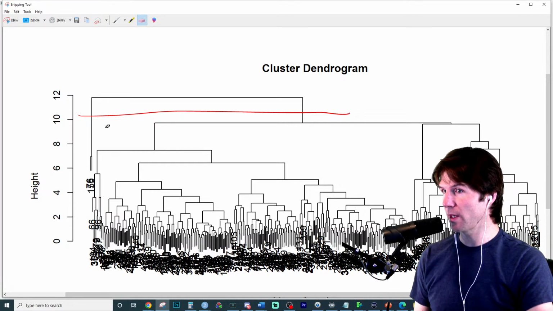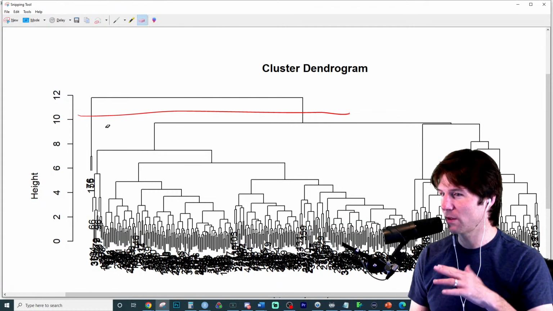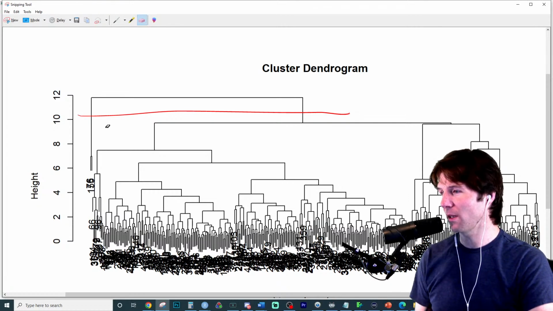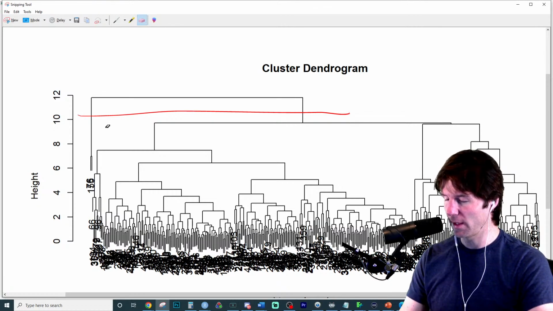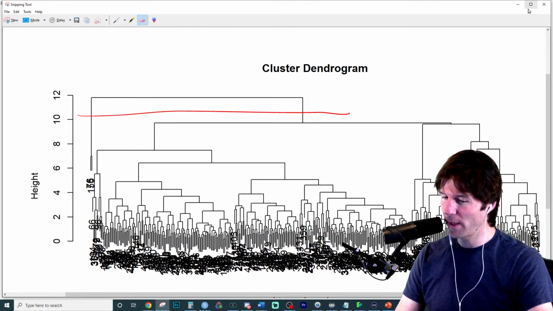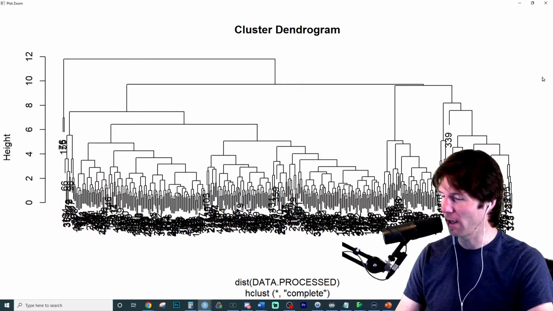Those are the row numbers right there. It looks like row 156 and 76 or something. So there's 2 rows right there, and they're the 2 outliers. We could go get the cluster IDs for these and find out, but they're just 2 outliers over there. So I don't know about making a cluster of just 2 individuals and then everyone else. That doesn't seem that powerful in the analysis.